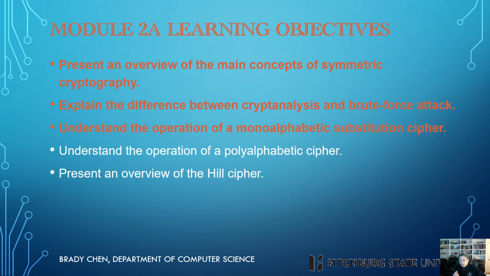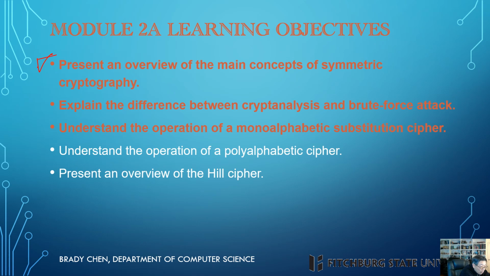It is also referred to as conventional encryption. Okay. Now, symmetric encryption was the only type of encryption used prior to the development of public key encryption. Okay, public key encryption is also known as the two-key encryption algorithm. It was developed in the 1970s.